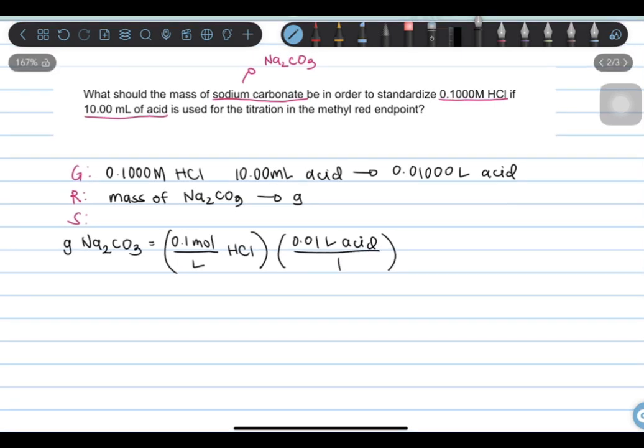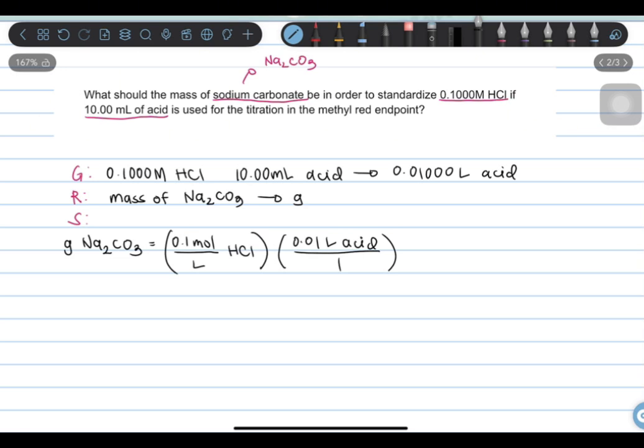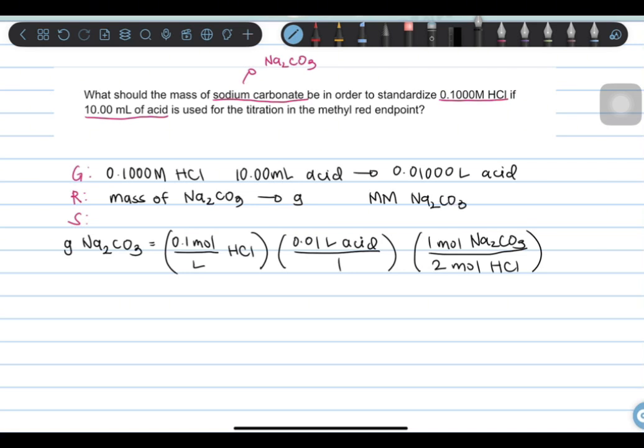And from here, let us remember that Na2CO3 in relation with HCl, the stoichiometry relationship is that for every mole of sodium carbonate, there are 2 moles of HCl. And a quick Google search can just tell us that the molar mass of Na2CO3 is equal to 105.99.